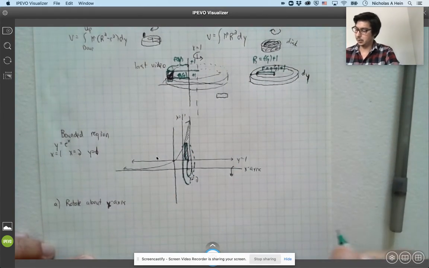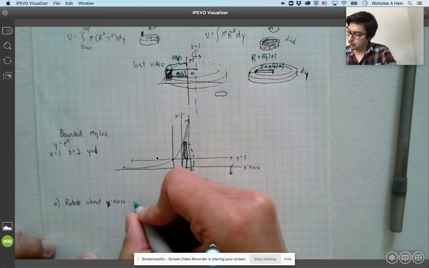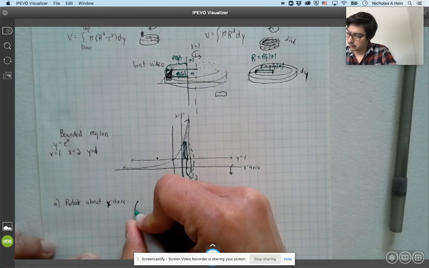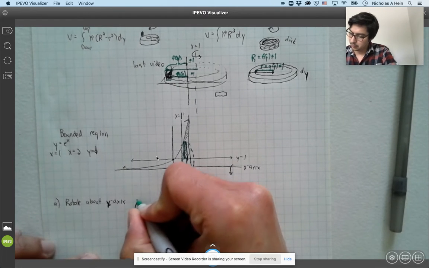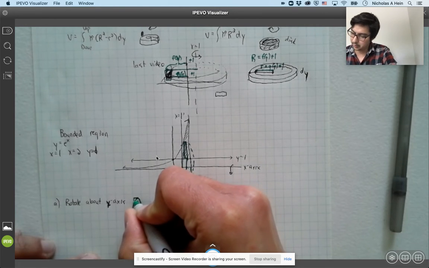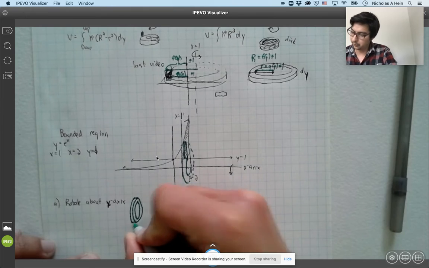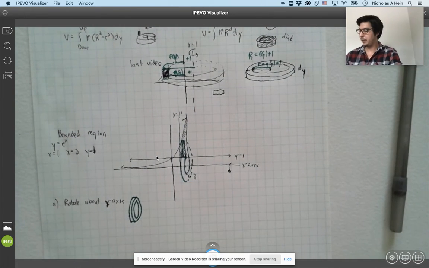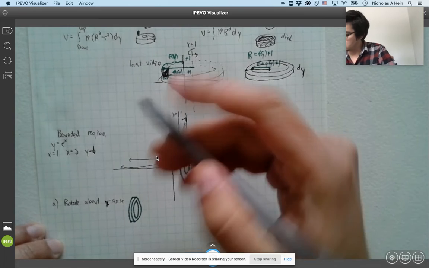And of course, there will be some depth to it. So rotating about the axis, we draw our cylinder out. We're going to have washers that look something like this. So we look at these washers.